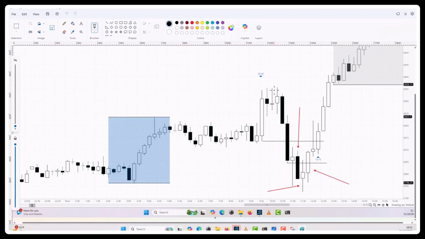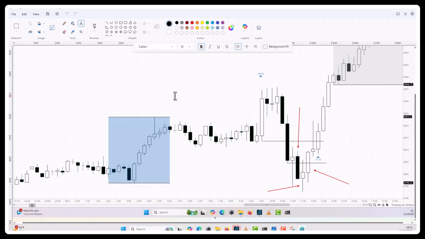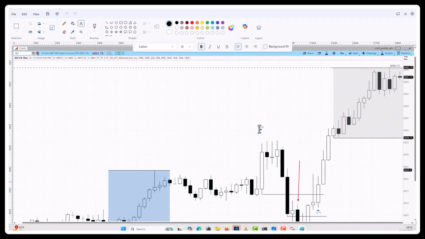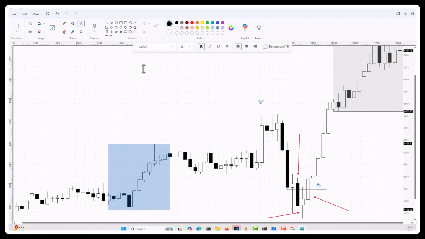So basically it's a type 1 for breakout, right? In this case, you can call it not really a reversal, but a continuation, because it's the first leg up right there. So in this case, it's a continuation.